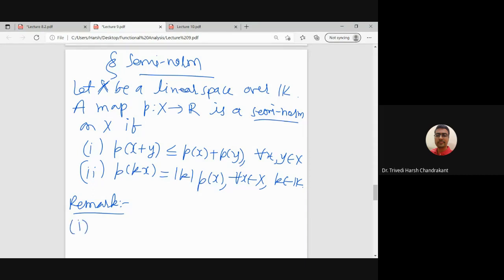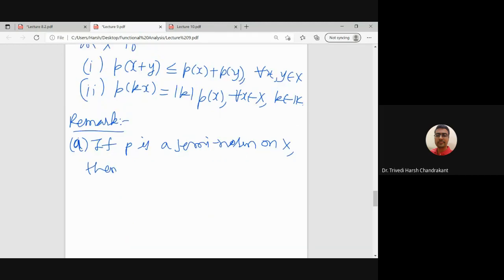The first remark is that if p is a seminorm on X, then we know that p of 0 is 0. So in which if we take k is 0, then 0 times x is 0, right?